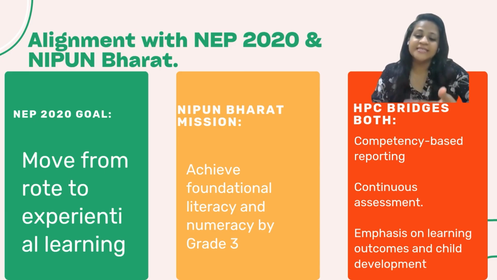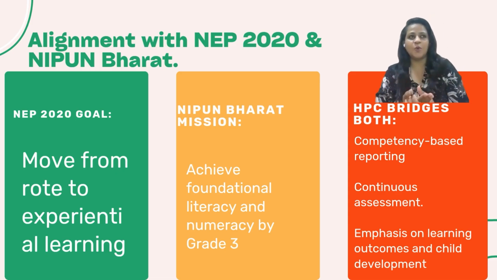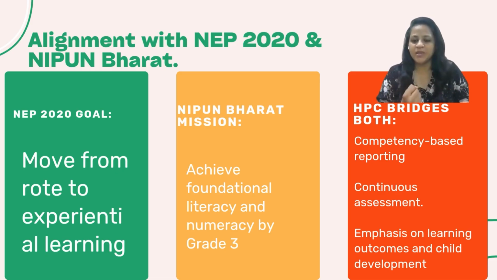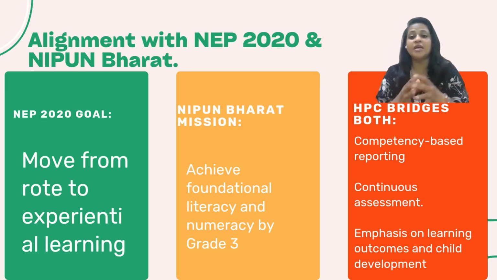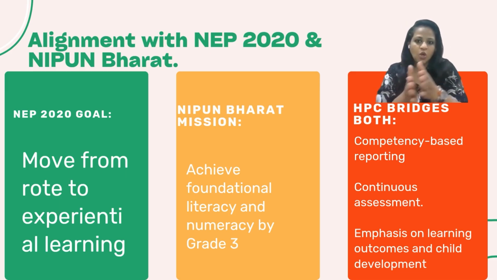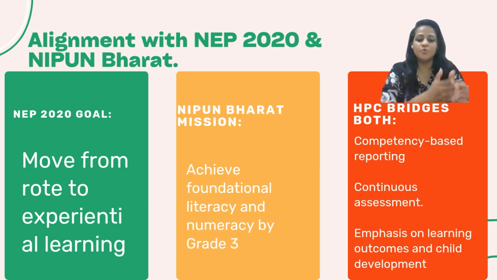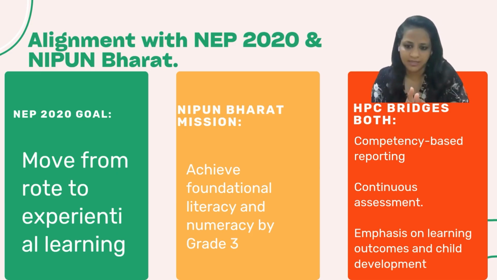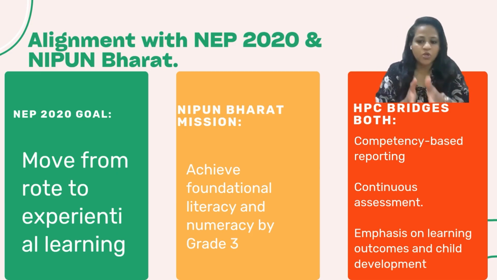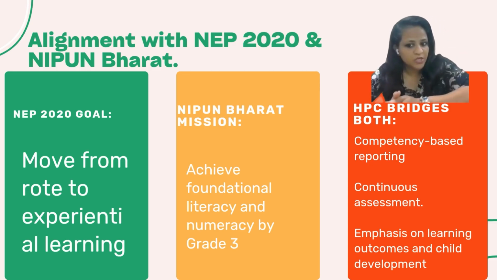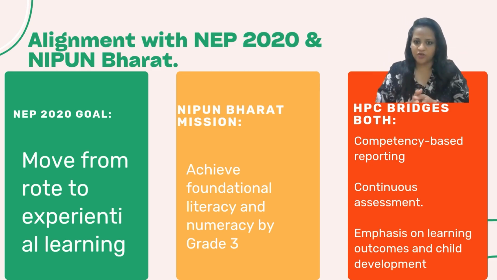Since in the beginning we also spoke about the Nipun Bharat and the NEP 2020, let us have a look at the alignment of these things. The goal of NEP was to move from rote learning to experiential learning. That is the need of the hour. Rote learning is no longer going to serve the purpose the way experiential learning serves right now for our children.